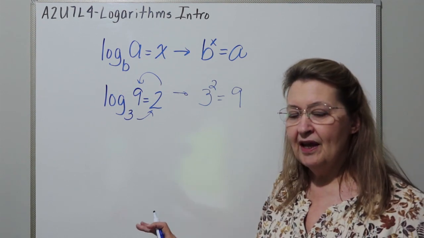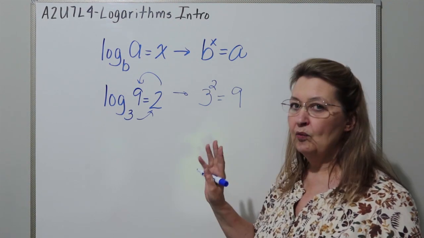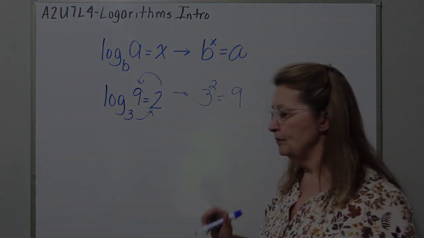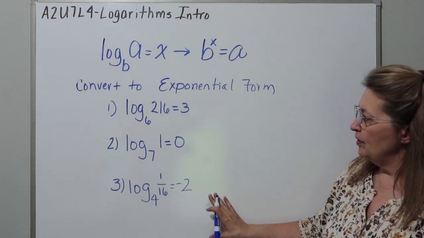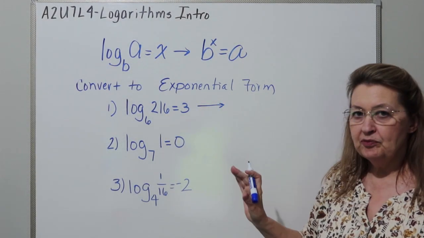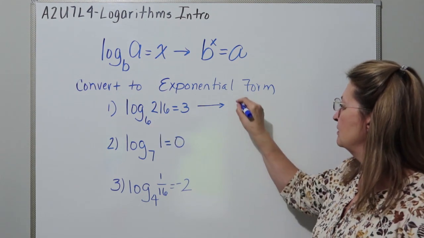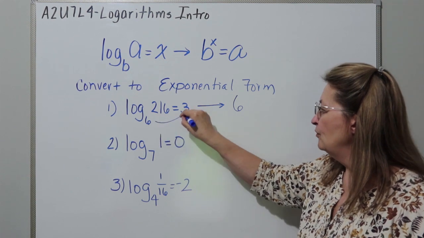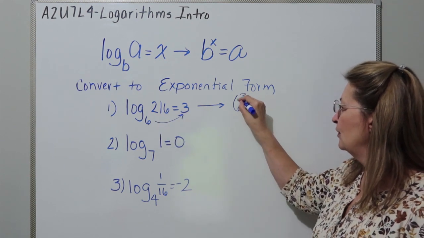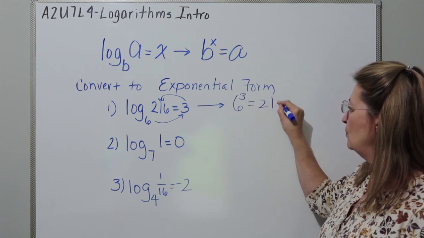Let me grab some examples and we'll look at how to convert from log to exponential, and then we'll do some exponential to log. Okay, let's look at these 3, and we want to convert each one of these to exponential form. So start with your base, 6, swing over here to get your exponent to the third power, and there's your answer, 216.